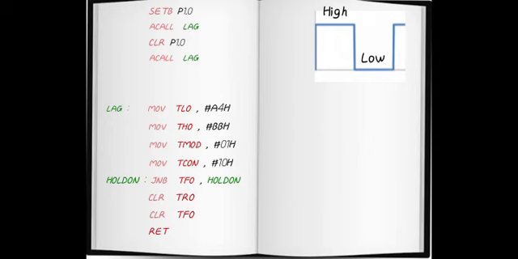Similarly, for the low portion of the pulse wave, P1.0 is cleared and the delay of 17,500 microsecond is provided by calling the lag routine like the previous one. Now this program will generate only one cycle of the pulse.